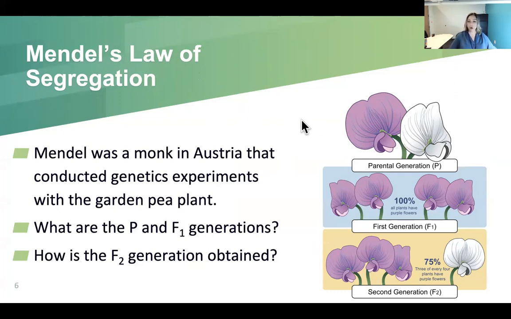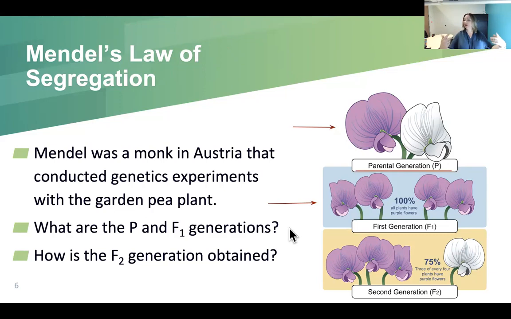Here are a few more terms you need to know to understand Mendel's experiments and genetic crosses. Here is what we call the parental generation. This is the original cross when you are doing genetics experiments. The organisms in the parental generation reproduce sexually, and the offspring are called the F1 generation.